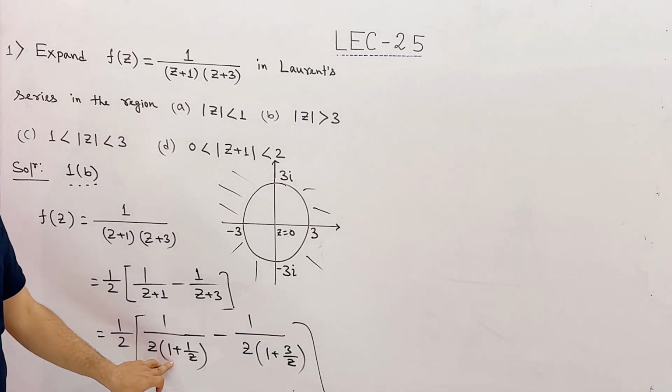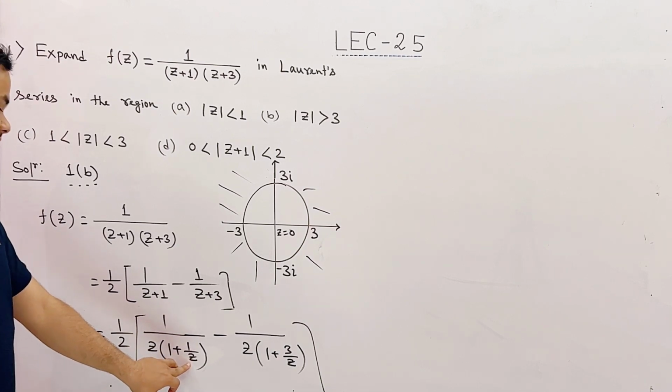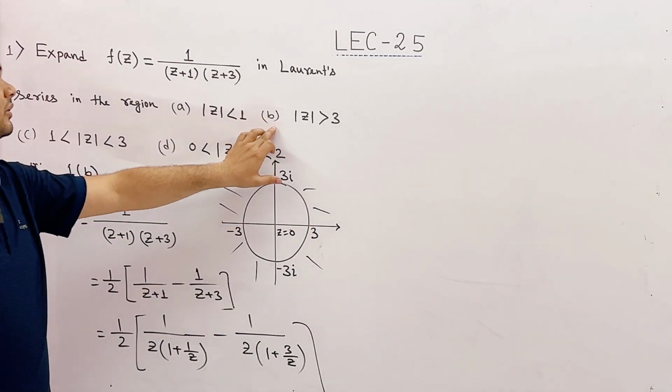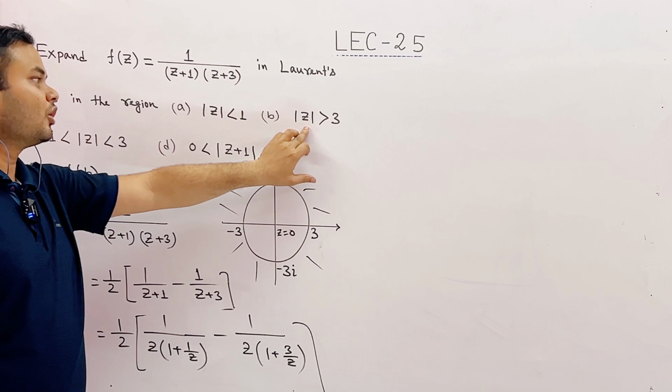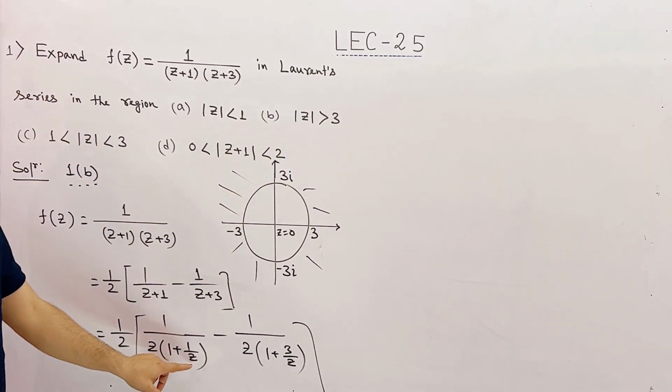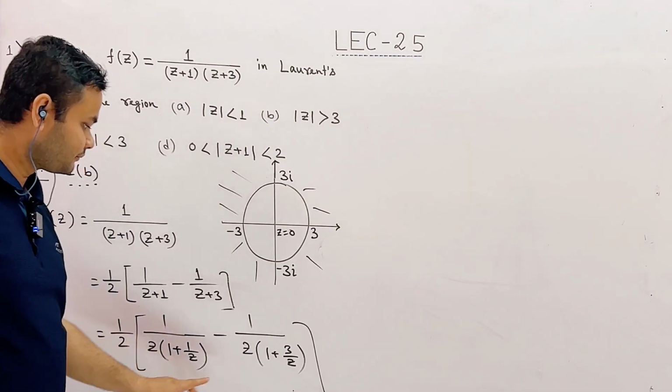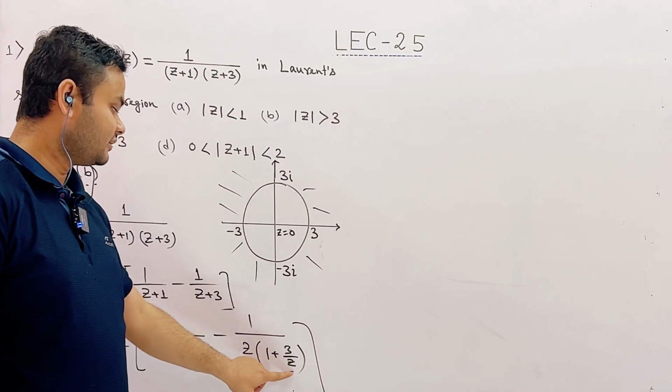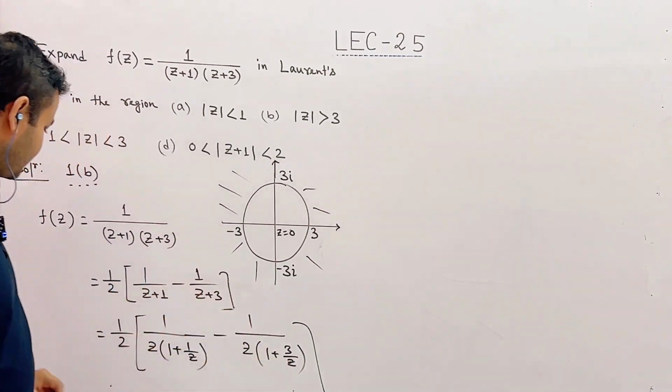Here the first term is 1 and the second term is less than 1, because according to problem number 1b, the value of modulus of z is greater than 3. So, 1 divided by greater than 3 is obviously less than 1. Again, for this case also this term is less than 1.